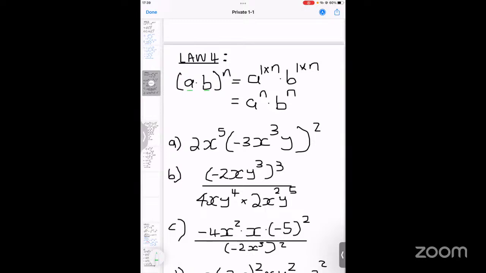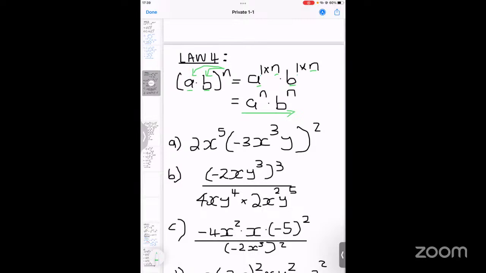All that you need to do, this exponent outside will multiply the exponent of that base and the exponent of that base. All that you need to remember is that the brackets means you must just multiply. So now we have that base. We know its power, it's invisible 1, that you multiply by that outside exponent. And also there you have a base with its exponent being invisible 1, that you multiply by that outside exponent n.